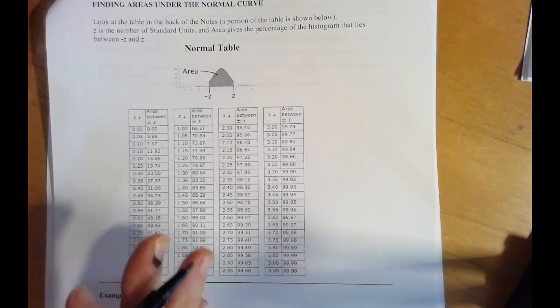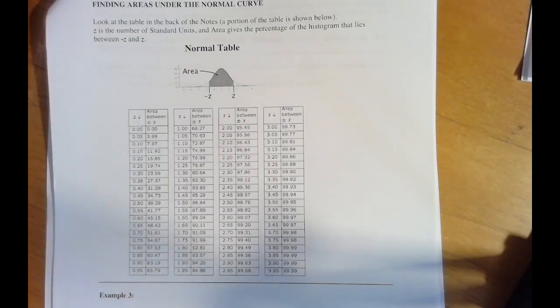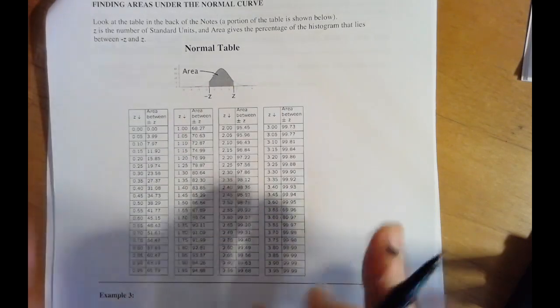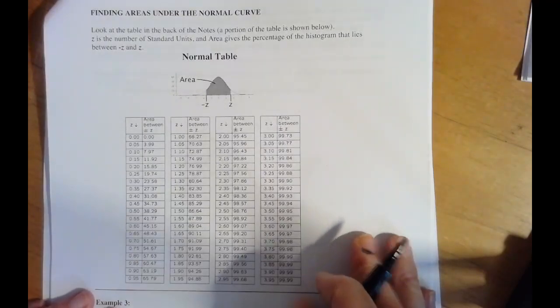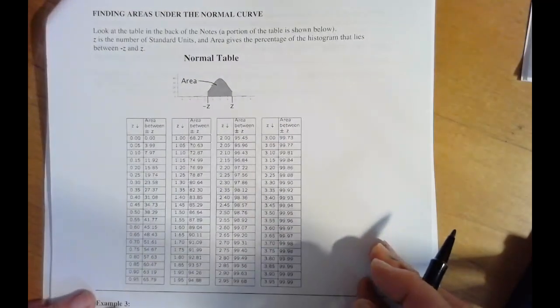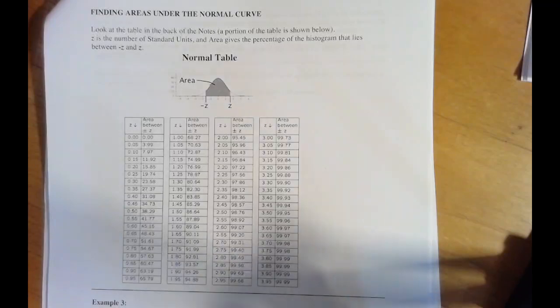Now you can also use other tables, or on our website we have a normal curve calculator which will give you the area between any 2 values. And then you can use that on your homework, but I think the reason why I like using this one is because it's very simple, and it helps you to get a good feel for the normal curve and to do a lot of approximations in your head.